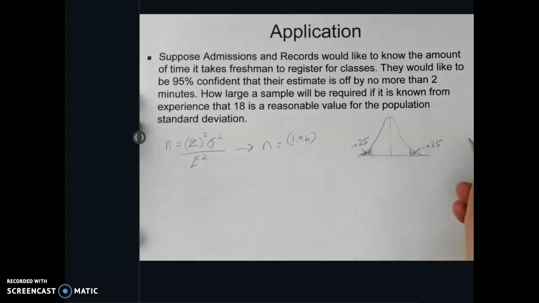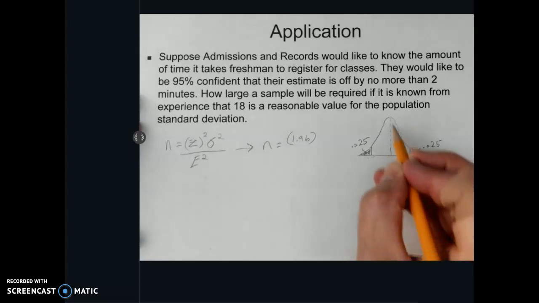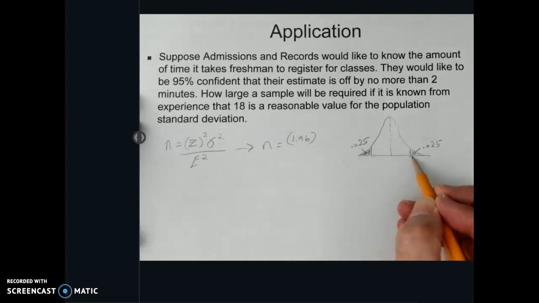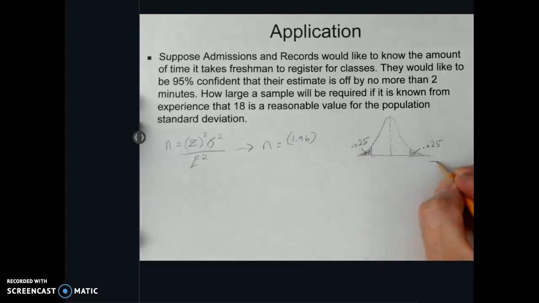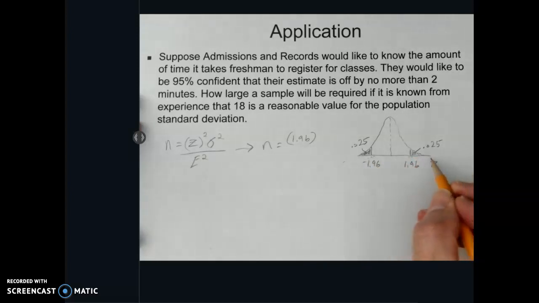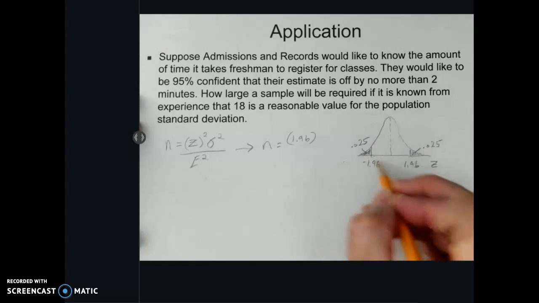But when you go to the table, you're looking for the z-value that corresponds from the left tail all the way up to here. Well, this is 0.975. So we look for the z-value that corresponds to 0.975, and that's 1.96. And since it's symmetrical, it's negative 1.96 as well, which is, if we had started over here on the right and went all the way to here, we'd have 97.5% in this part of the bell curve.